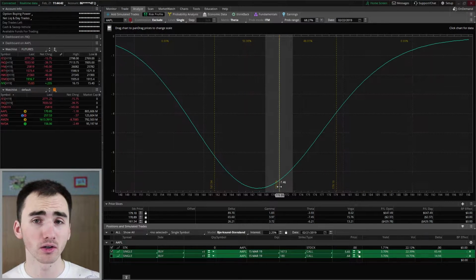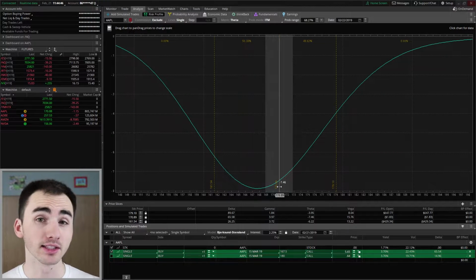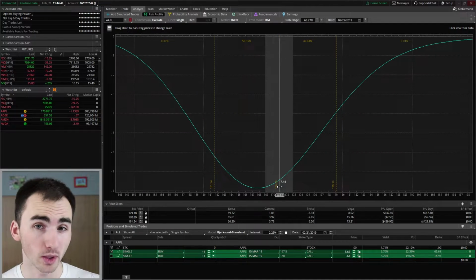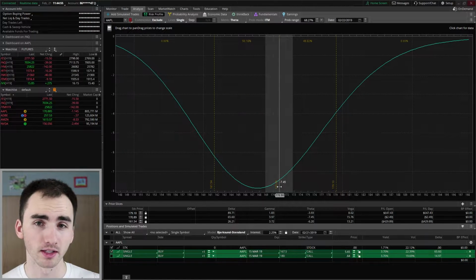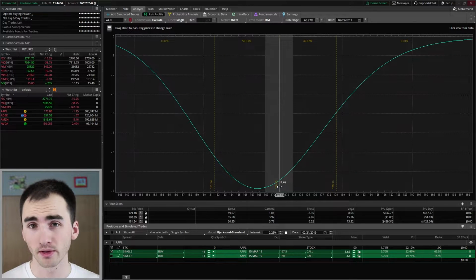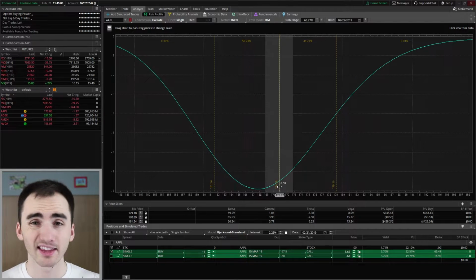That 180 call, you're going to notice that theta ticking away every day, and you're going to need the stock to move in your favor very quickly for you to just keep up with break even or even flip a profit. Now with this 170 call, we don't need the stock to really move for a while because that theta isn't really eating away as much money.